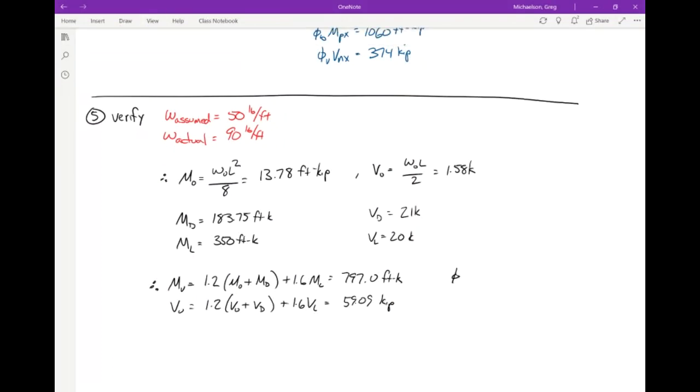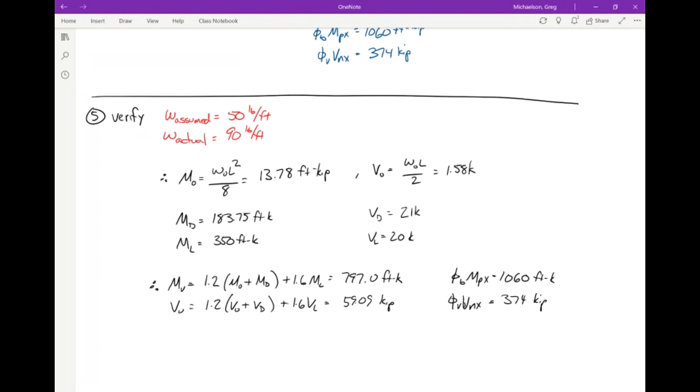And remember, we'd compare this against MPX, which was 1060, and VNX, which is 374. So again, more than enough shear capacity. Shear capacity is never a problem really with steel beam design in buildings.